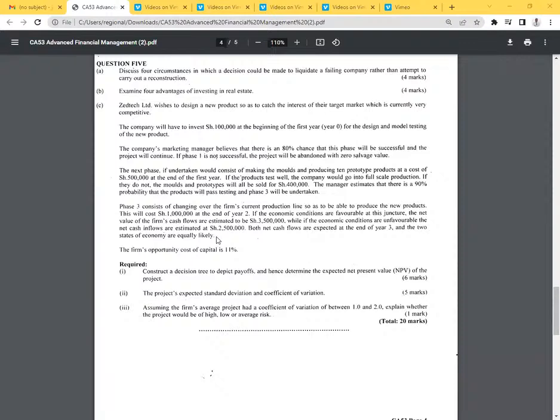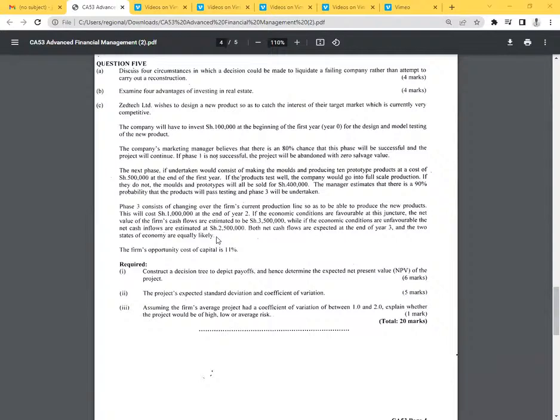If the economic conditions are favorable at this juncture, the net value of the firm's cash flows are estimated to be 3.5 million. While if the economic conditions are unfavorable, the net cash inflows are estimated at 2.5 million. Both net cash flows are expected at the end of year 3, and the two states of economy are equally likely. The firm's opportunity cost of capital is 11%.